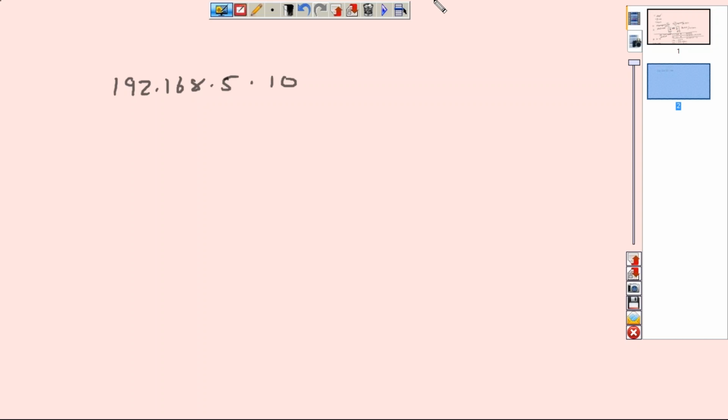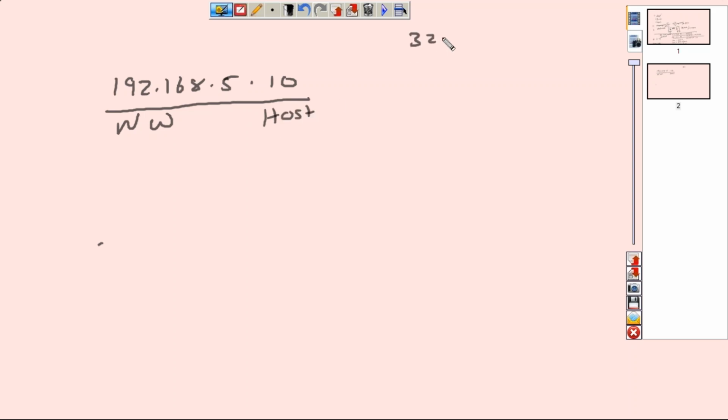Based on this IP address, how do you think that happens? Some part of this address should mean something, right? Some part should be the machine's individual address, some part should be the network address. So every IP address basically has two parts, the network side and the host side.